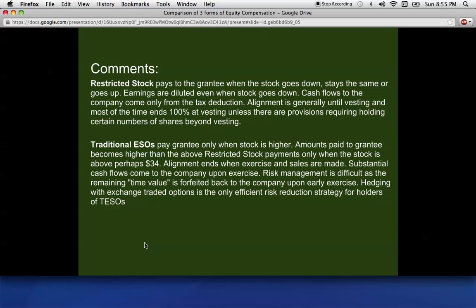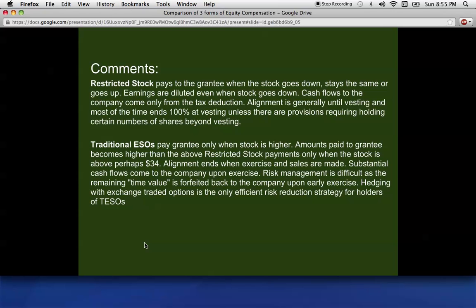Cash flows to the company come only from the tax deduction with the restricted stock. Alignment is generally until vesting, and most of the time ends 100% of the time at vesting, unless there are provisions requiring holding a certain number of shares beyond vesting.